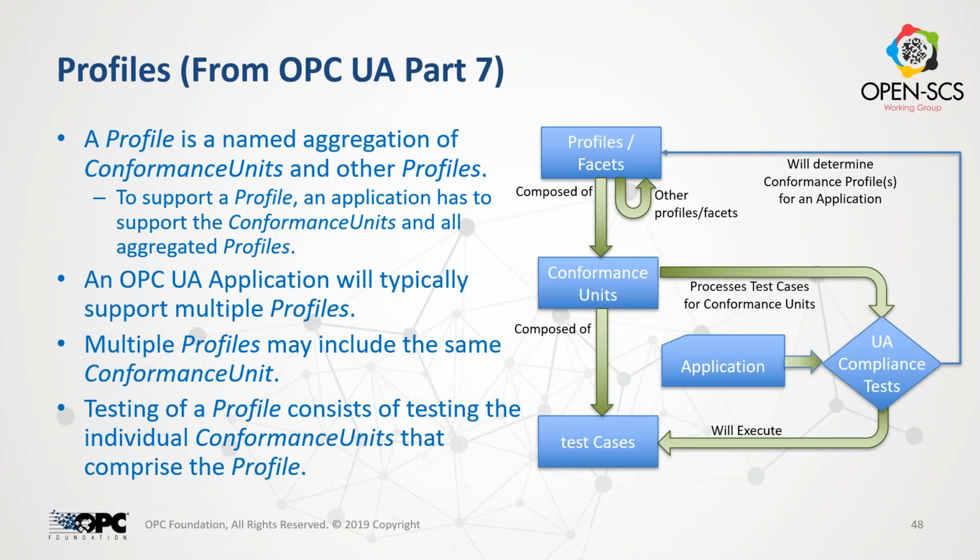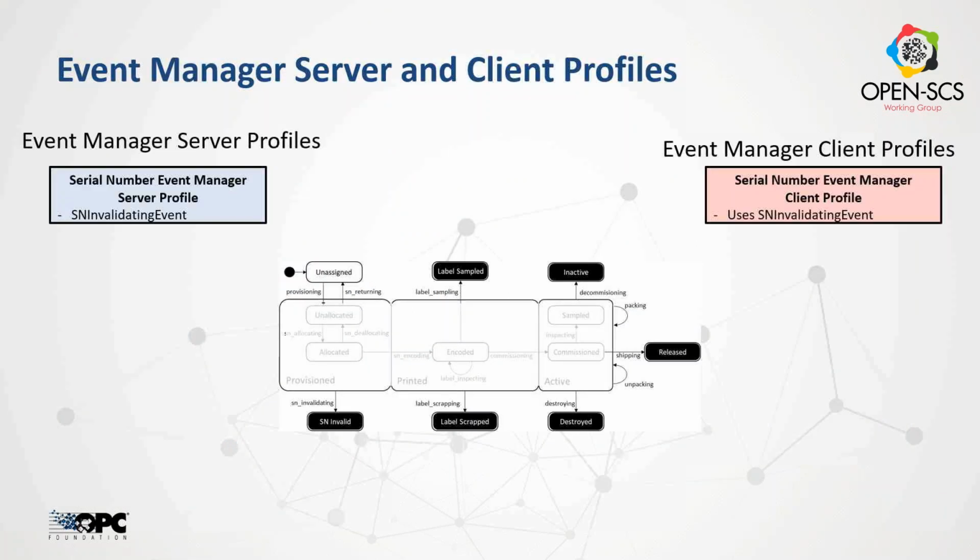So we have a whole set of profiles that are also defined in the OPC UA companion specification. For example here, we have a serial number event manager server profile and a client profile. The server profile says, I support these methods. Somebody can call me on this object, so I've got a serial number pool, or an event manager server, and I support the invalidating event.